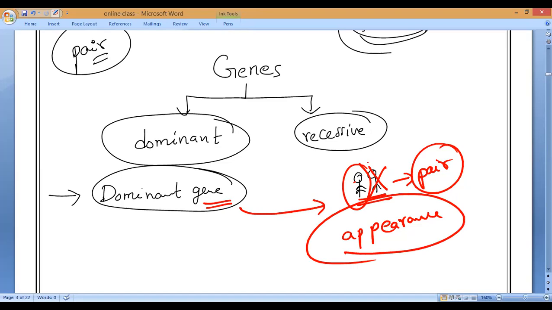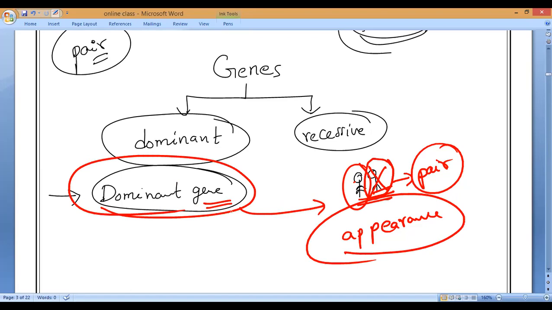There is no value for the second person. He exists, but is given no importance. Like that, the gene which we call the dominant gene decides the appearance of an organism even in the presence of an alternative gene.